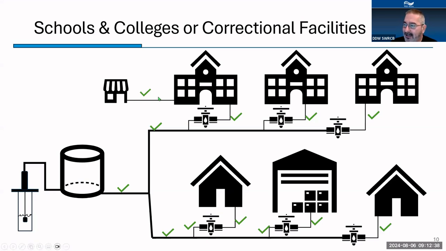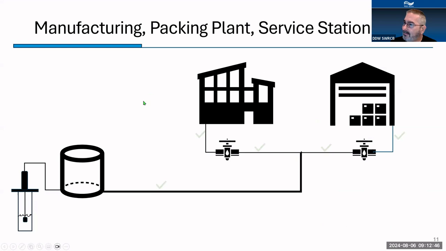That needs to be included even though it isn't connected directly to the distribution lines. Okay. Manufacturing, packing plants, service stations, gas stations, that kind of thing. Same thing. Whatever you have connecting to the building, you're going to enter these connections on both what they call the system side and the customer side in the template.